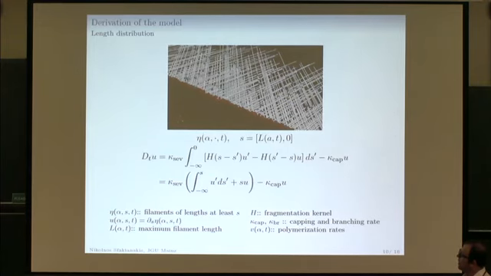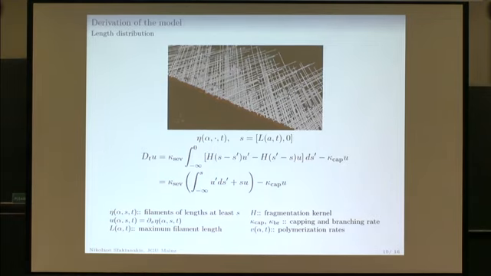On top of that, the capping works with a constant rate. Capping of filaments works with a constant rate with respect to a particular density, which for the moment is unknown, a particular density of the capping protein within the lamellipodium.